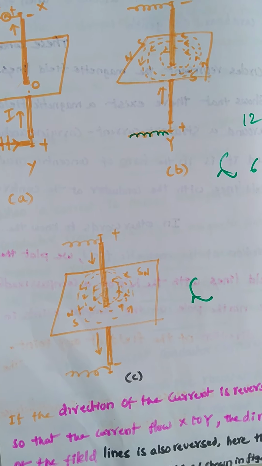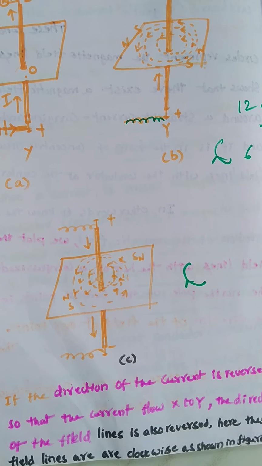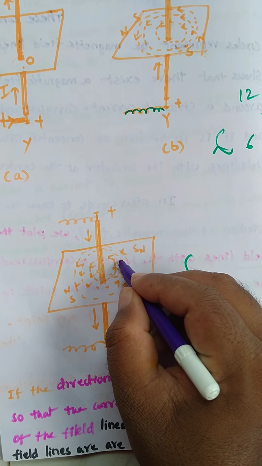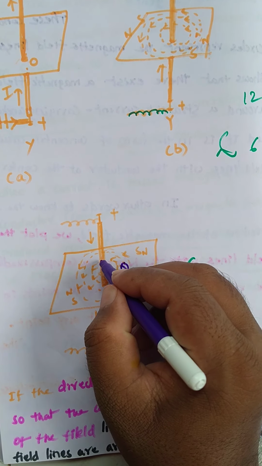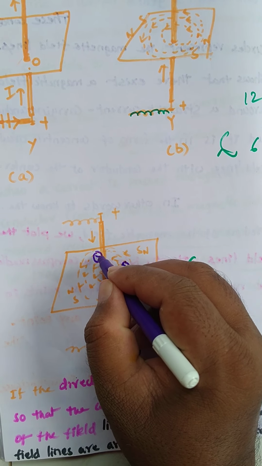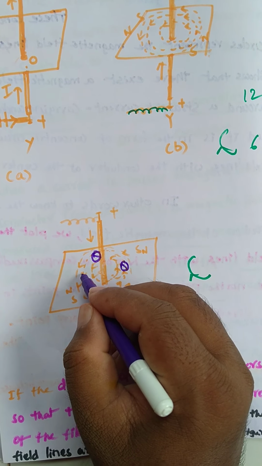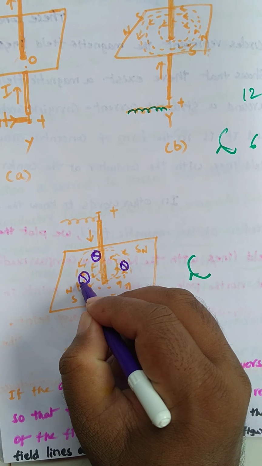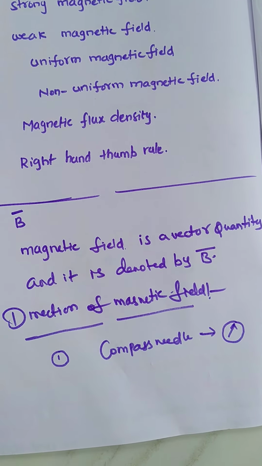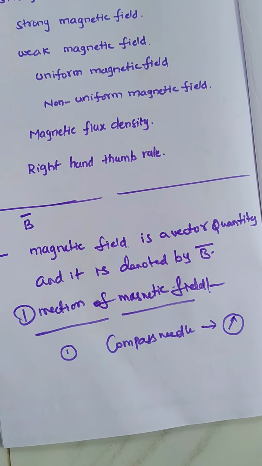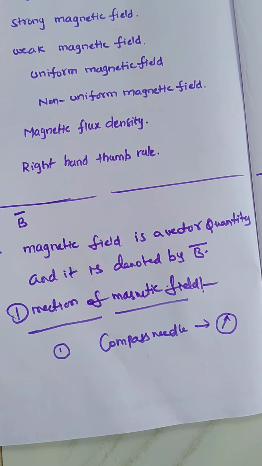Here if you keep a compass needle, it shows the direction of magnetic field, and if you keep a compass needle here, it shows the direction of magnetic field like this. So the compass needle gives the direction of magnetic field.